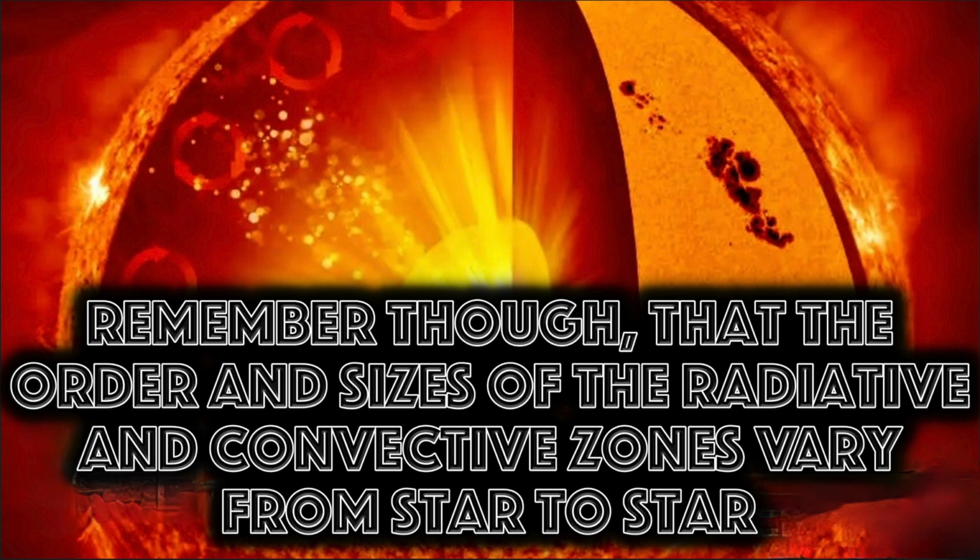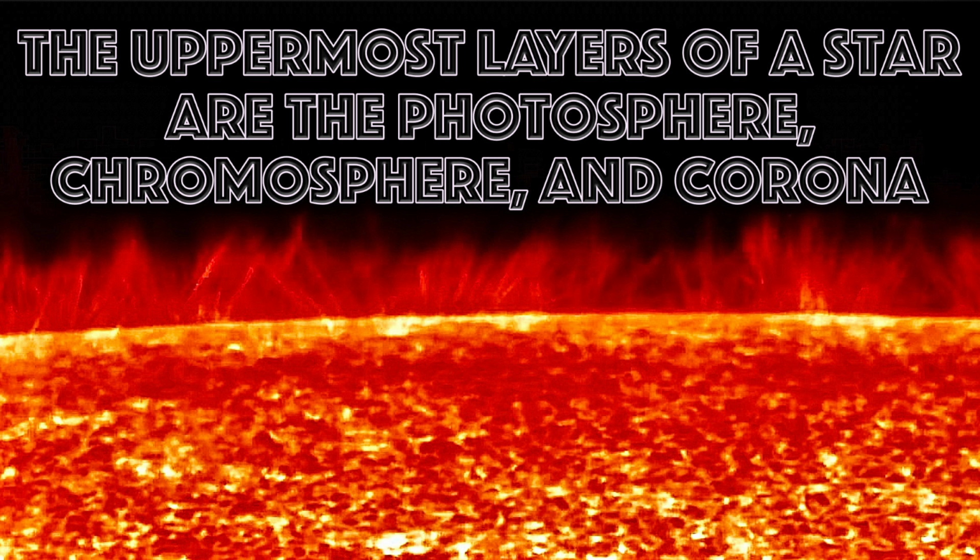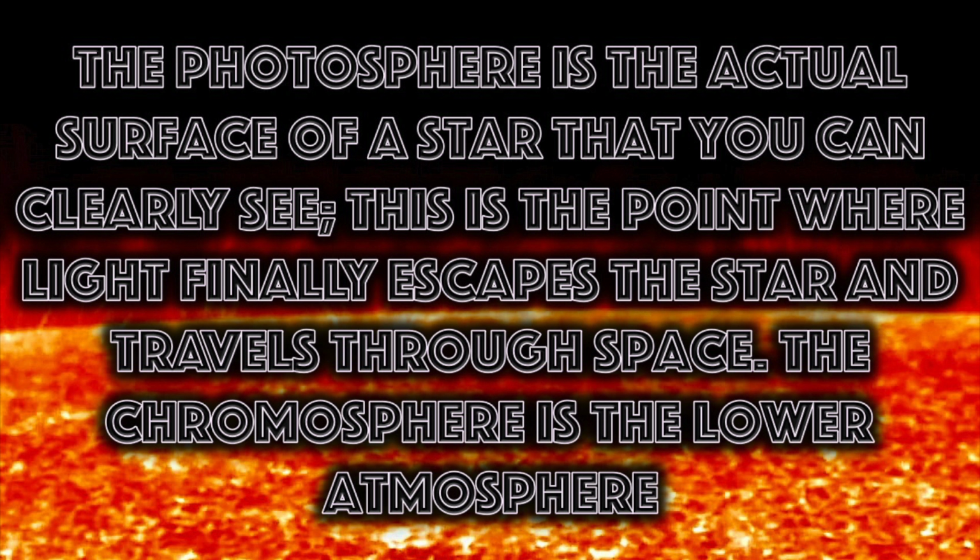Remember, though, that the order and sizes of the radiative and convective zones vary from star to star. The uppermost layers of a star are the photosphere, chromosphere, and lastly, the corona. The photosphere is the actual surface of a star that you can clearly see.